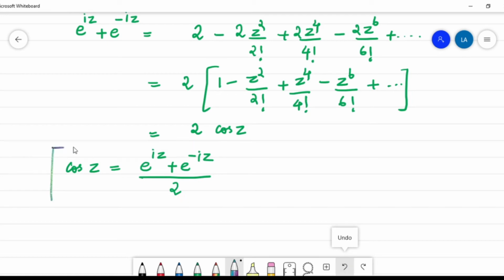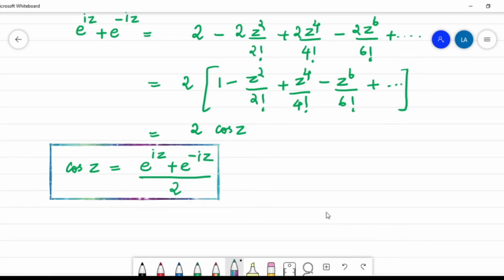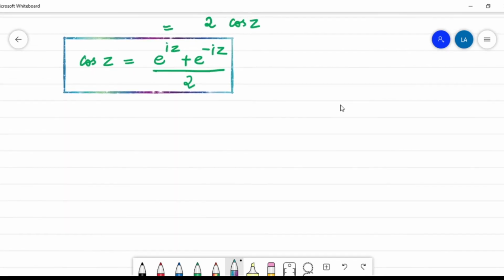Okay. Now let's see how we can do the same with respect to sin z. By intuition we know that we are simply going to subtract. For subtraction I am going to take e raised to iz minus e raised to minus iz.